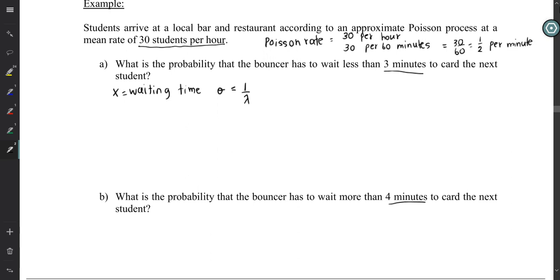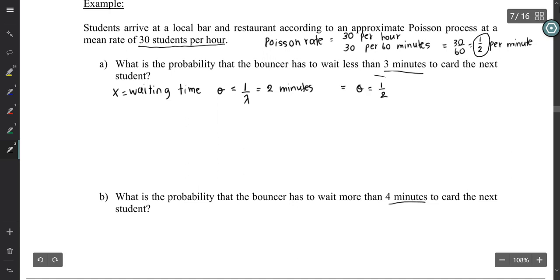So the rate lambda is 1 over 2, so our theta is 2 minutes. If this is confusing with lambda, just look at the theta value: theta is 2 minutes.